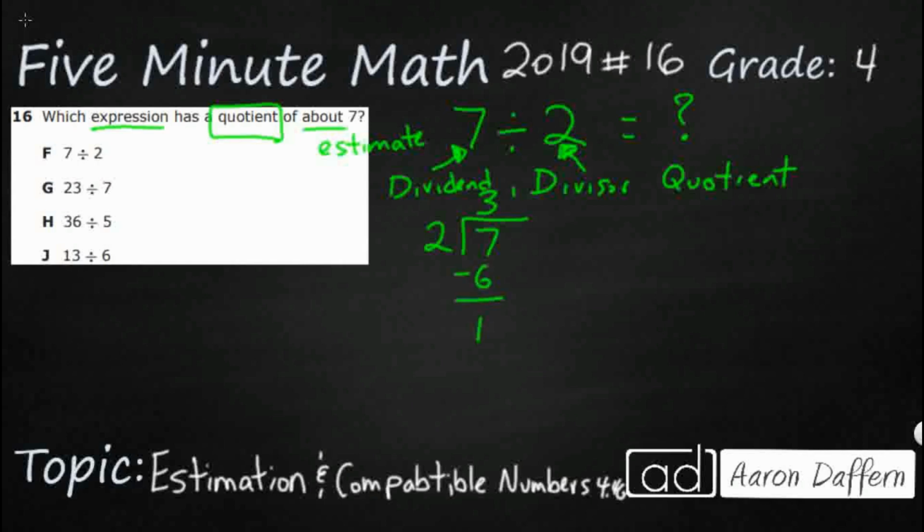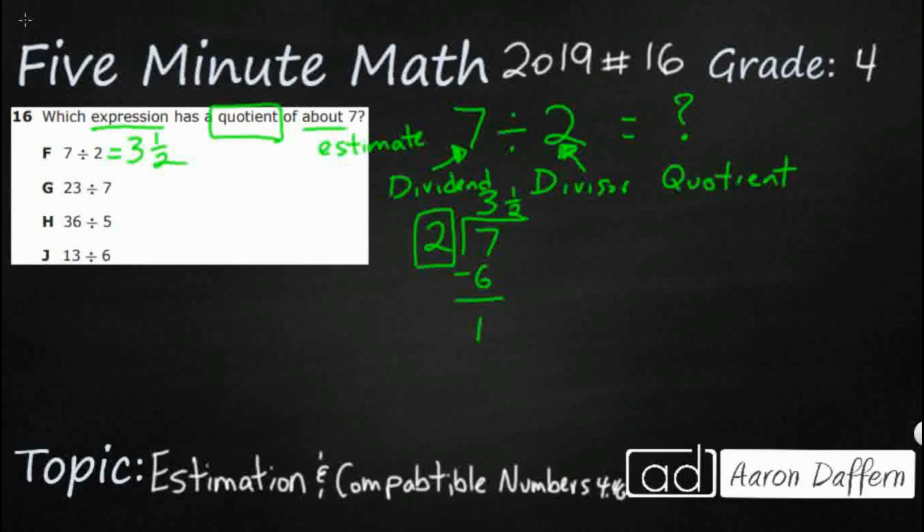So 3, and let's make it a mixed number, 3 1/2. That remainder becomes the numerator, and the divisor becomes your denominator. So this is about 3.5, which is not really that close to 7. So probably not F, but let's just do that same thing for each of these.